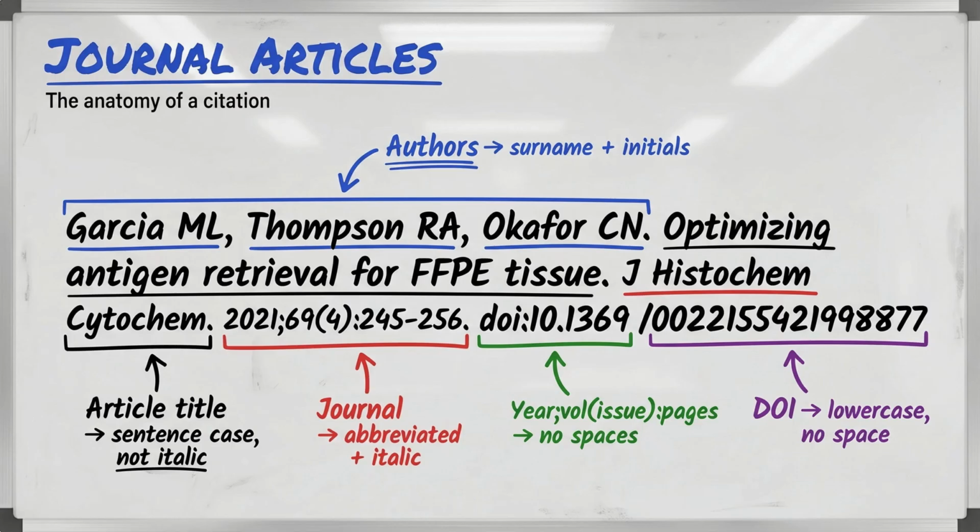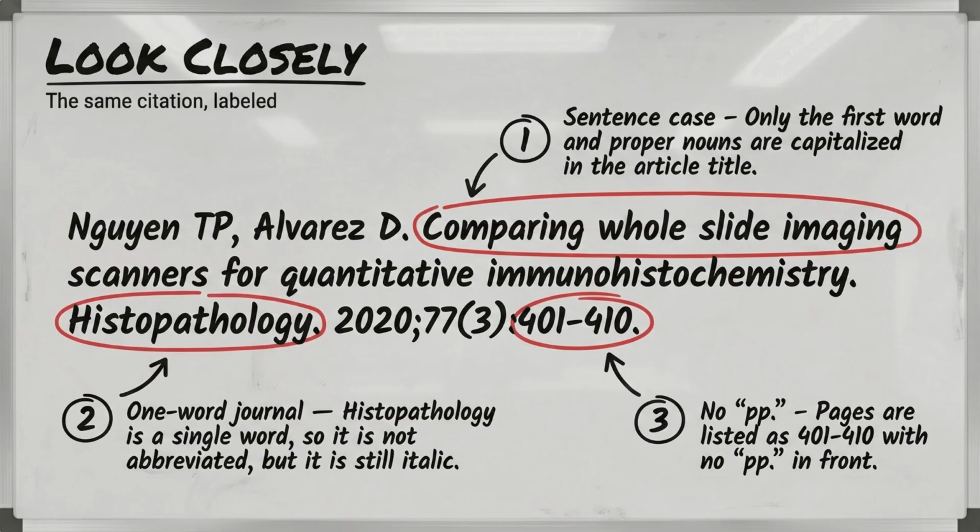Blue is the publication data, year, then volume, then issue in parentheses, then pages, all packed together with no spaces. And the gray at the end is the DOI. So lowercase DOI, a colon, and the number, with no space. Master this one pattern and you are most of the way there. Next, we'll look at some common errors.